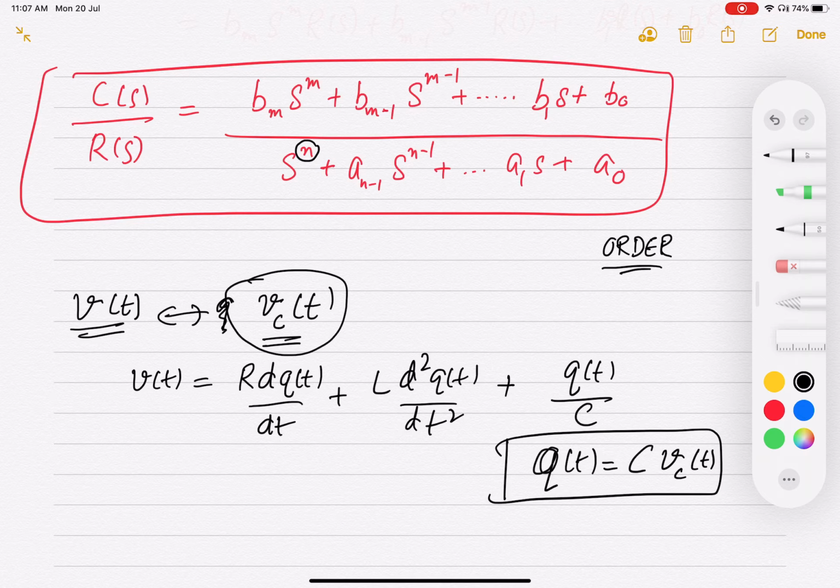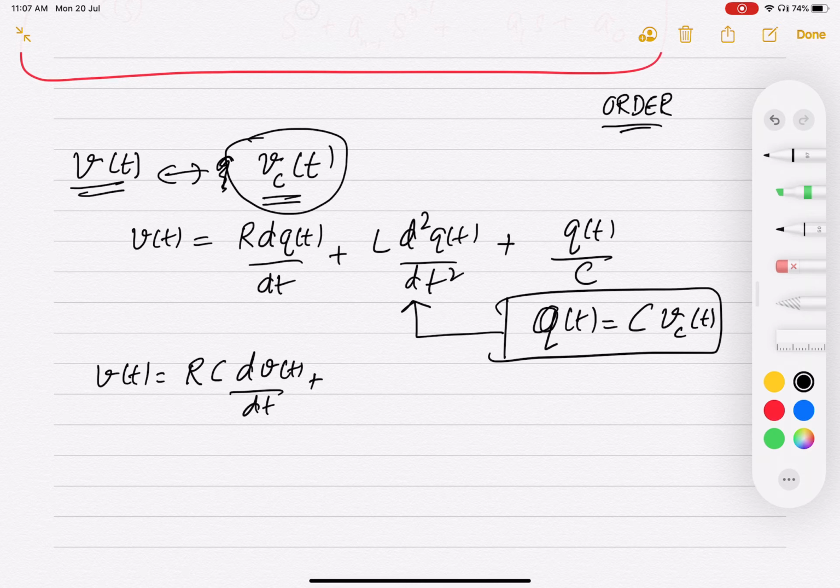So by substituting this back, we can write down Vt is equal to RC dVCt by dt plus, if you differentiate, you get LC d square VCt by dt square, plus Qt by C, which is VCt.